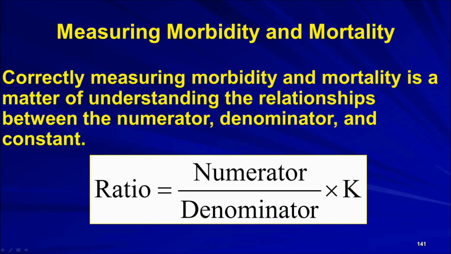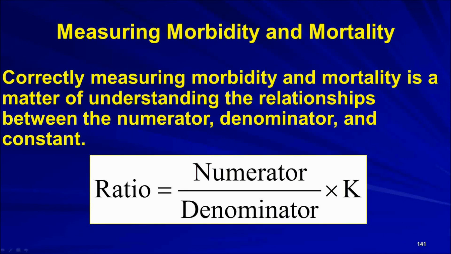And many times what we will ask of you in a quiz or on a test is to write down the formula, because then it's a matter of plugging in the numbers correctly into the numerator and the denominator and multiplying by k.